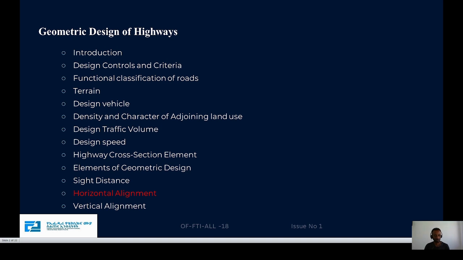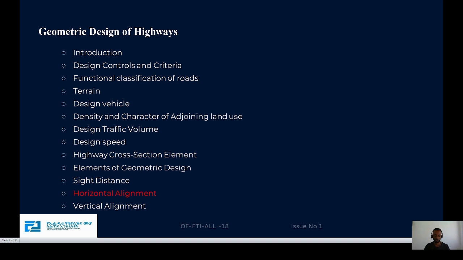In design control criteria we dealt with the functional classification, terrains, design vehicles, density, design traffic volume and composition. Design speed is also dealt with in design control criteria, and also the highway cross-sectional elements.